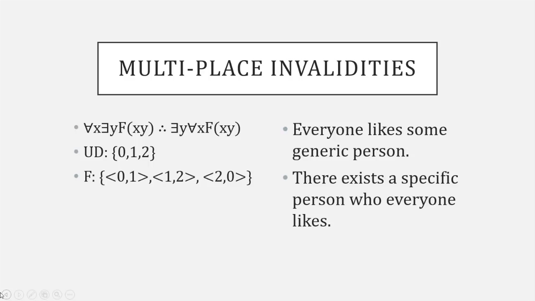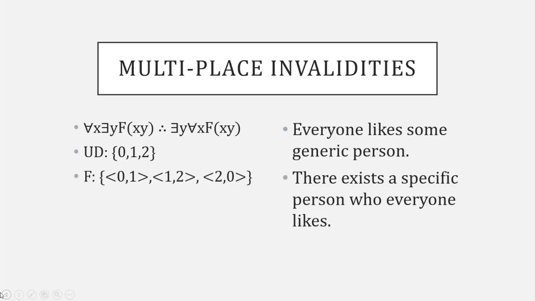No. These are the only pairs that the f relation applies to, and that's not the case. If you plug in 0 in the right-hand part of this, it's not the case that for all of the x's we've got this ordered pair in our predicate. So for 0, we've got 2, right?